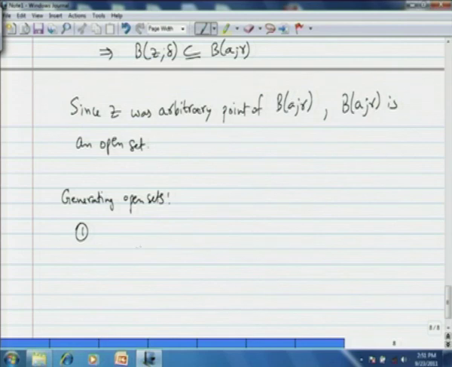One, the empty set is open. That is because the condition for openness is trivially true. There is no element to check the condition upon. So, the empty set is trivially open.